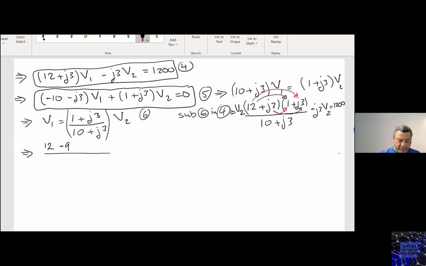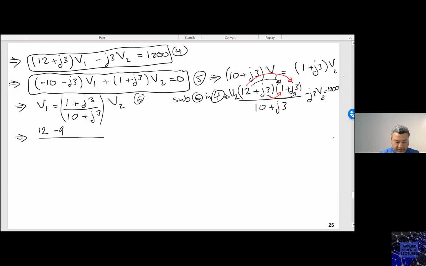So in this case, let's see this one. Here, what do I have? 12 plus 36J plus J3, all divided by 10 plus J3.